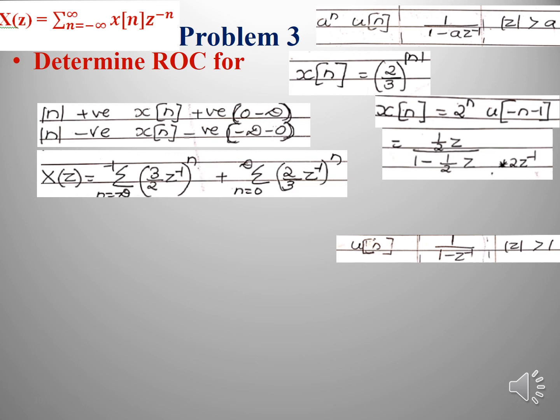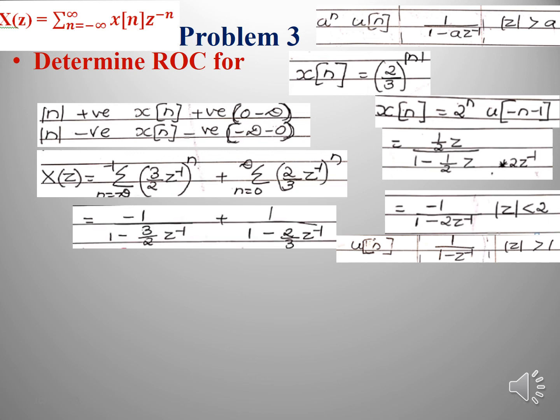Just in the previous slide we discussed it, resulting in a value given by minus 1 divided by 1 minus 2z power minus 1. Similarly, this particular problem results in minus 1 divided by 1 minus 3 by 2 z power minus 1, since it is 3 by 2 here, and naturally the region of convergence would be less than 3 by 2.